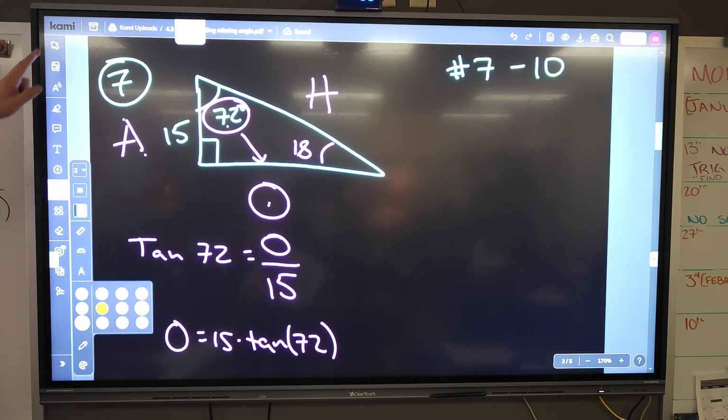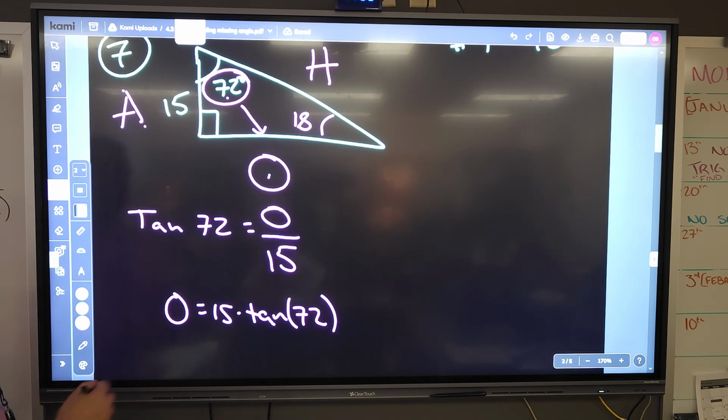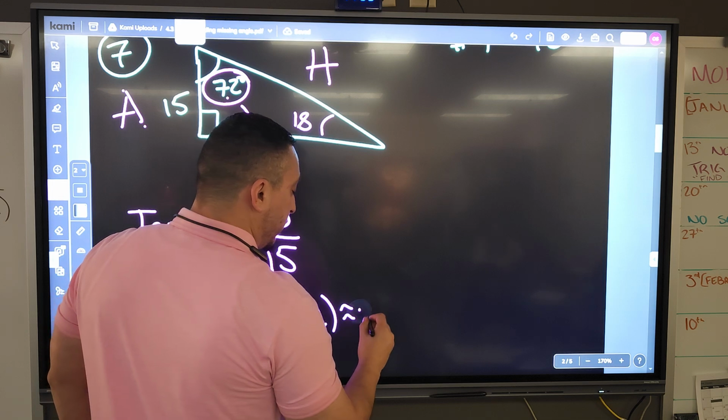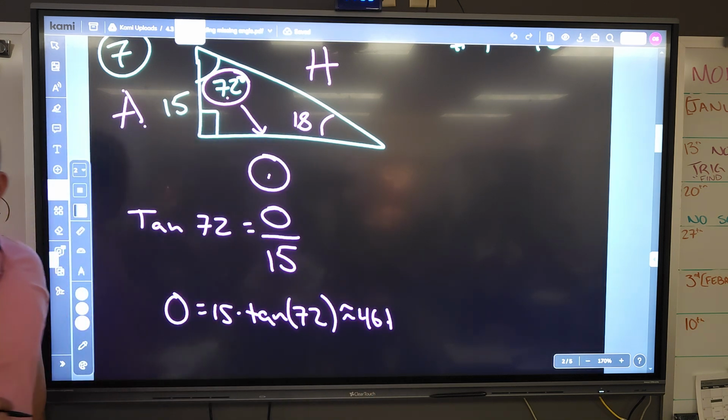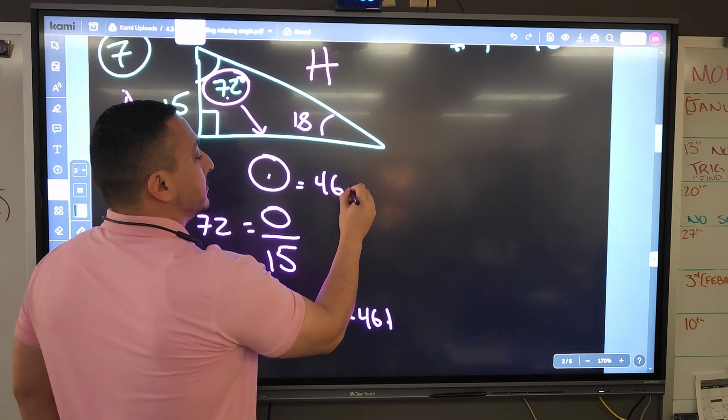Can somebody punch those numbers just so we can get some solid numbers? Actually, it looks like they got 46.1, is that right? Yeah. Okay, so now I know this side is 46.1.